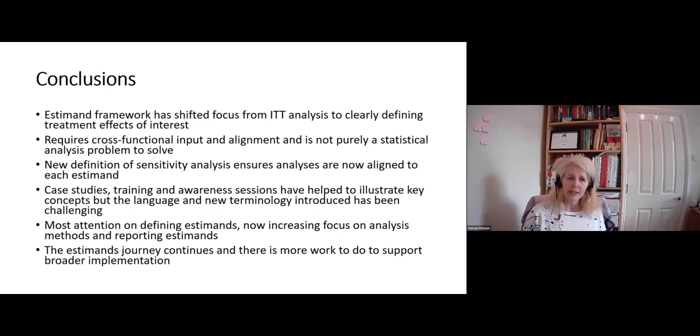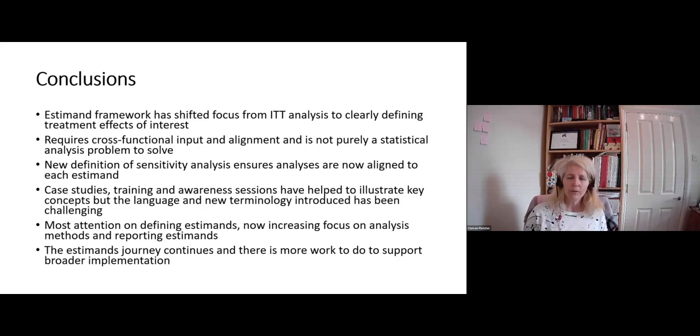A new definition of sensitivity analysis ensures that each analysis and each sensitivity analysis is now aligned to that estimand. So we shouldn't be mixing and matching. Case studies, training and awareness sessions have really helped to illustrate concepts, but the language and new terminology has been challenging.